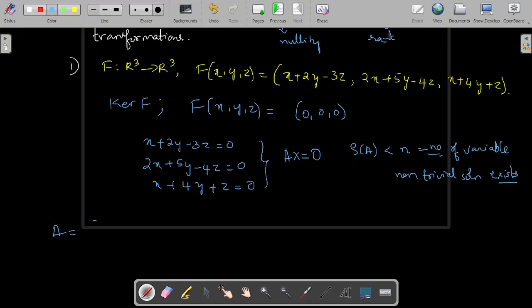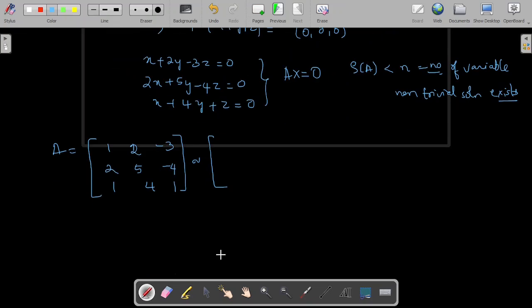First let us write the coefficient matrix. First equation coefficients are 1, 2, minus 3, then 2, 5, minus 4. Third equation 1, 4, 1. You have to transform this matrix to the row echelon form. How will you do that? R2 changes to R2 minus 2R1, R3 changes to R3 minus R1. You have to make these two entries 0.